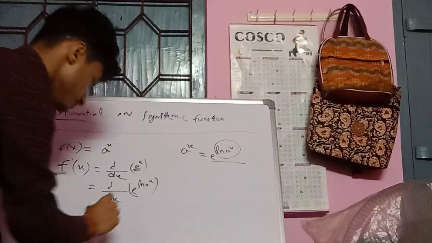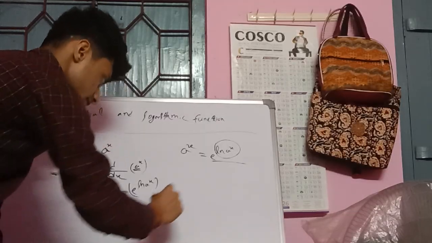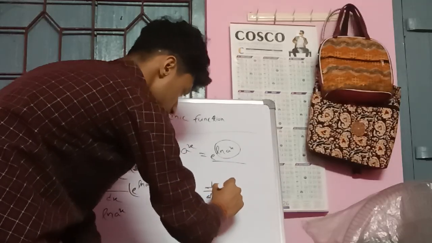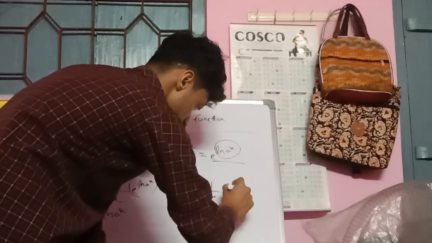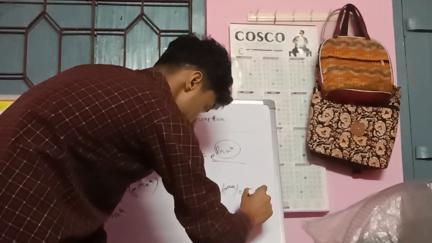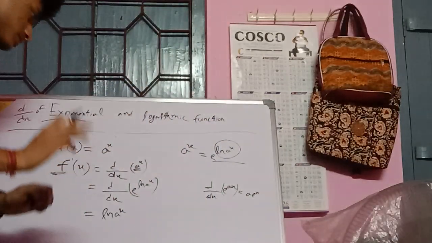What does that look like? Since you know that d/dx of e to the ax was a times e to the x.